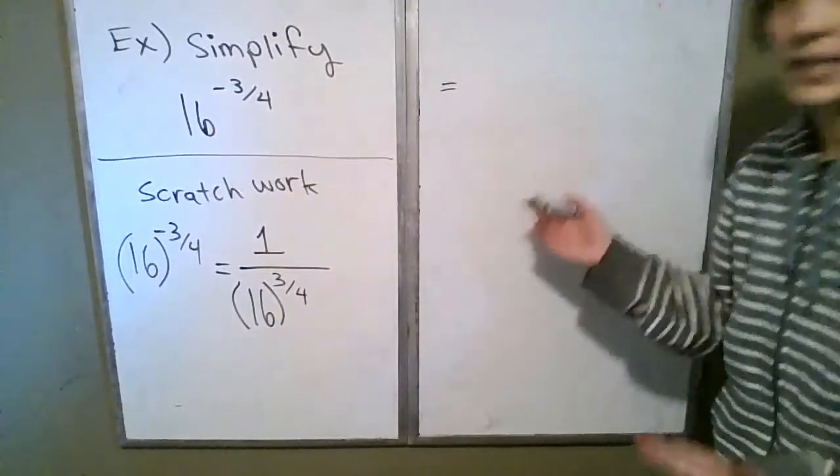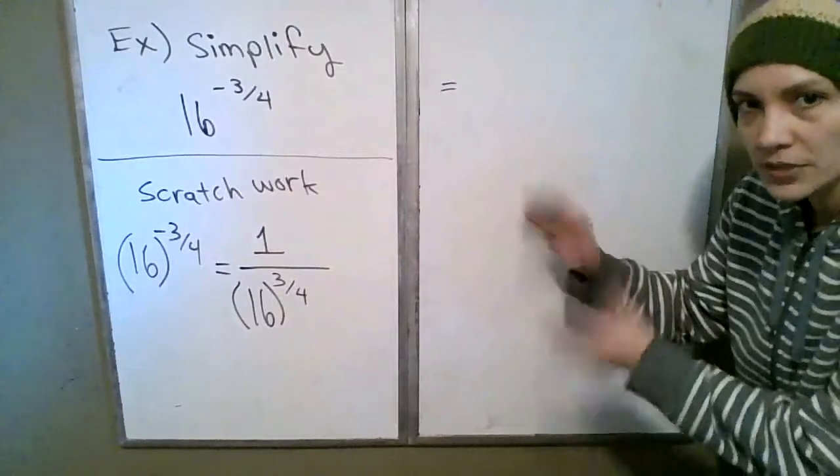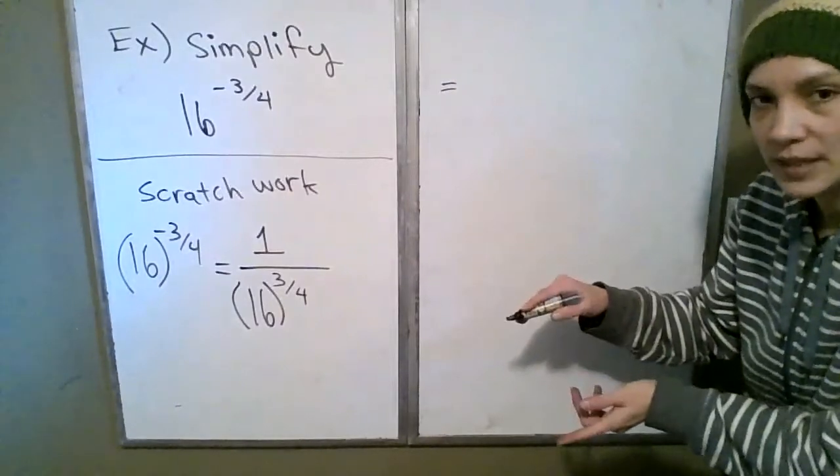So I've gotten rid of the negative sign in my power by shifting everything down to the denominator.